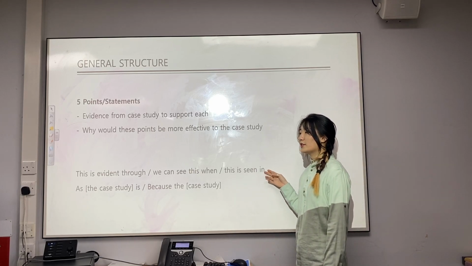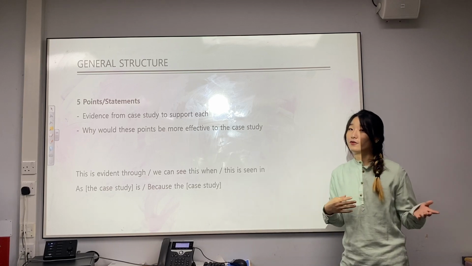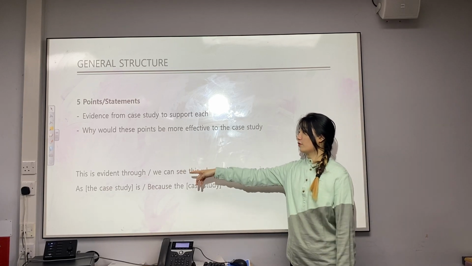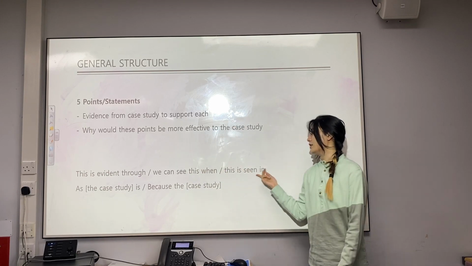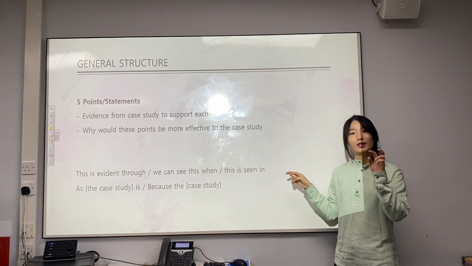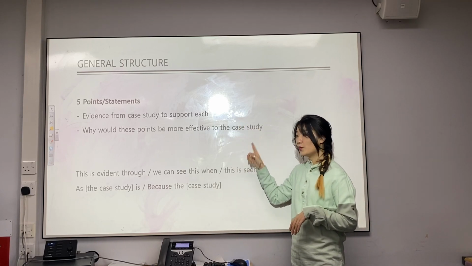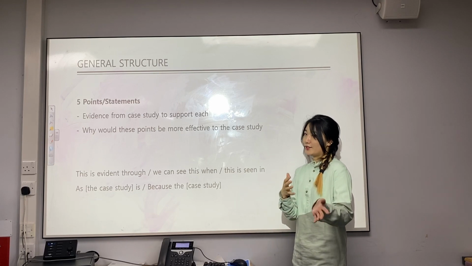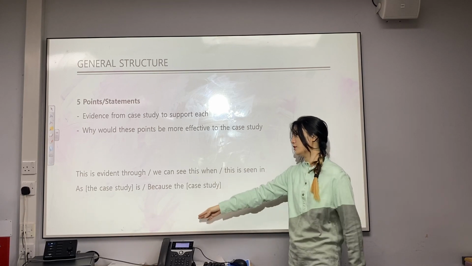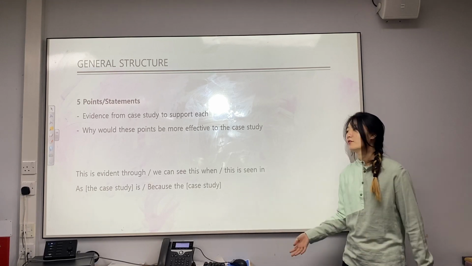Here are some sentence starters you could use if structuring is a little hard for you. "This is evident through" to provide evidence. "We can see this when" to provide evidence. "This is seen in", and then you just mention a line number to give evidence. And why these would be effective can be written as "in the case that as PST is this and this kind of business", or "because PST is currently", and so on.